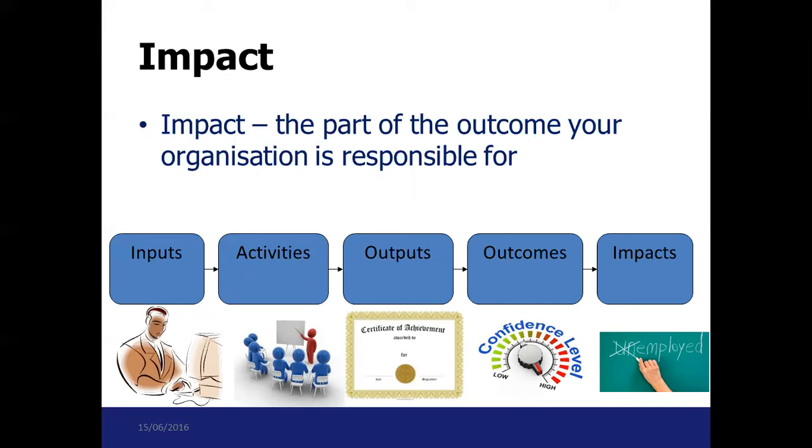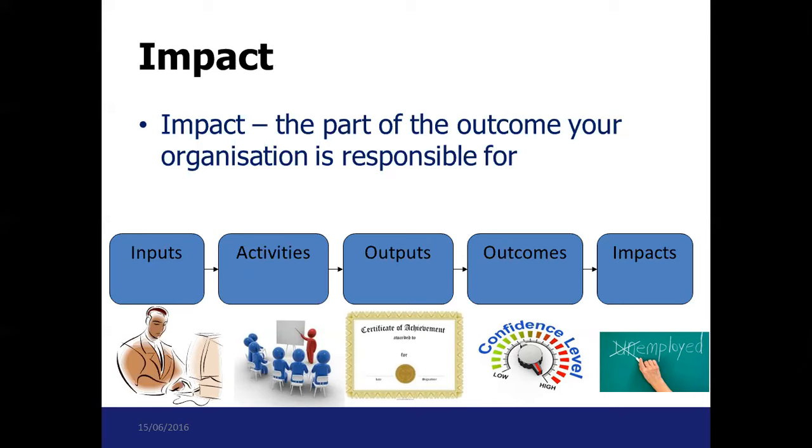And then your outcomes would be the difference or the change that has happened to that individual. So in this case, we're saying as a result of them being on the training course, they have now got increased self-confidence.